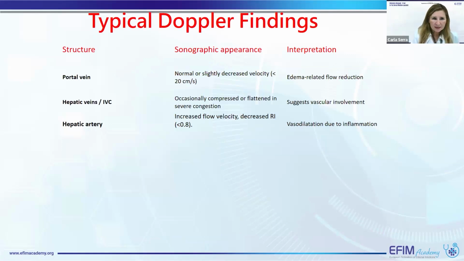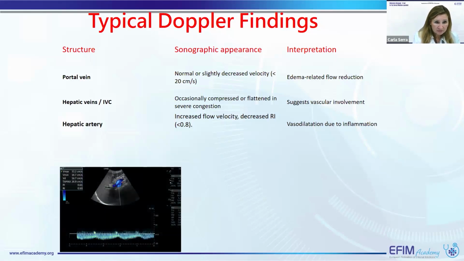And so we need to evaluate all the vessels to evaluate what the hepatic inflammation causes in the flow. Concerning the portal vein, we can have a normal or a slightly decreased velocity. This is a case of normal flow.